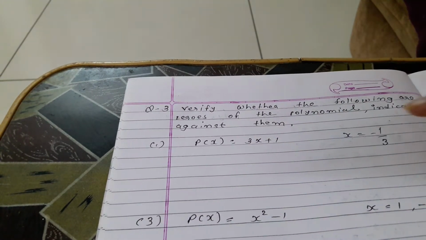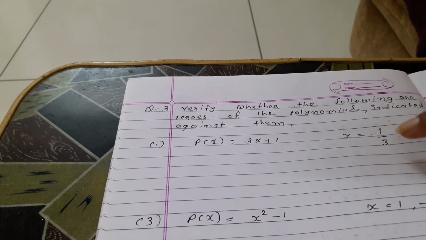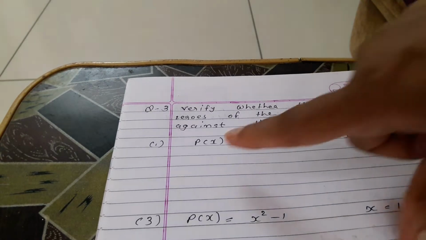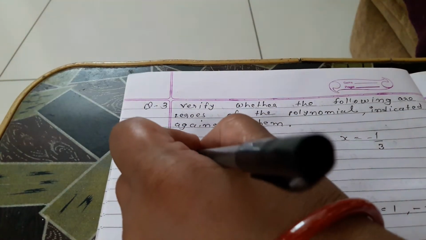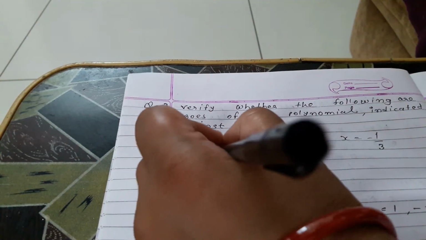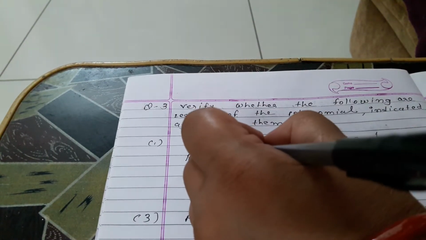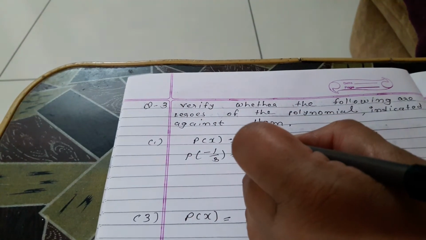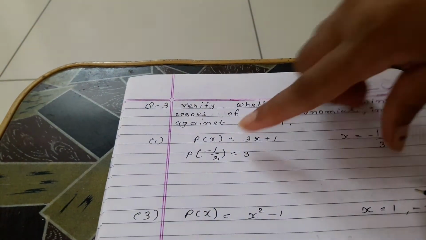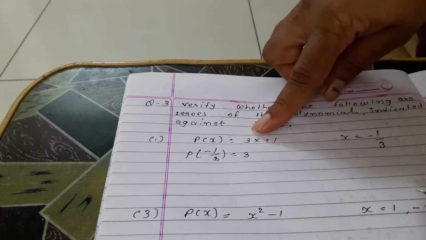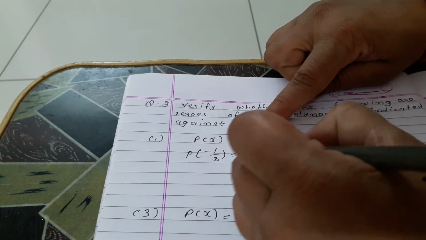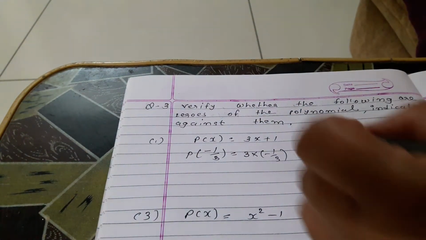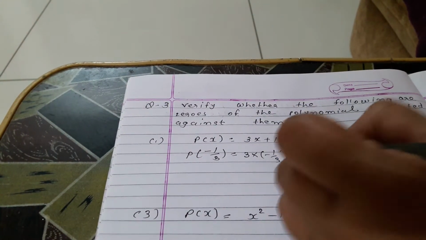So first of all, we substitute x = −1/3 in this polynomial. So P(−1/3) is equal to 3 times x, with x = −1/3, plus 1.